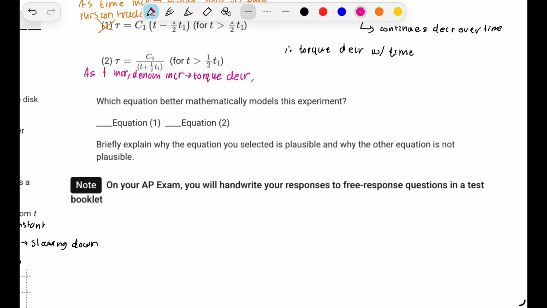So this is going to match with our experiment, where our oil is going to reduce friction with time as time goes on. So this means that equation 2 is our better answer.